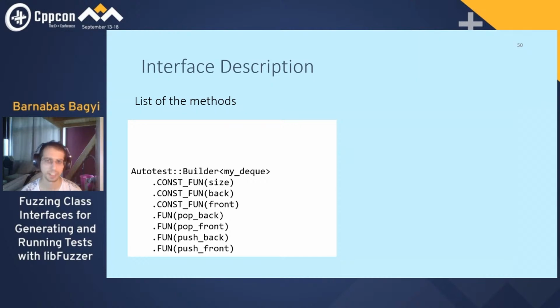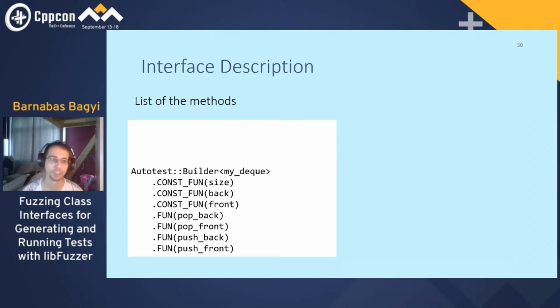I've chosen snake case for user code and Pascal or camel case for the library itself to easier differentiate what we have to do and what is already written for us. So what we can see is the description is just a bunch of method names one after the other. Some of them have a const fun macro, some of them only have a fun macro, but if you've ever used Google Mock, it may look quite familiar to you.